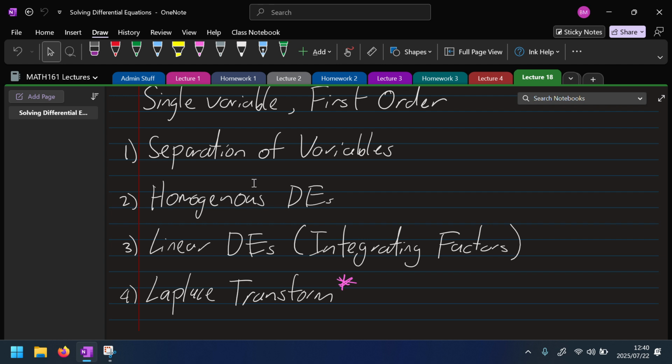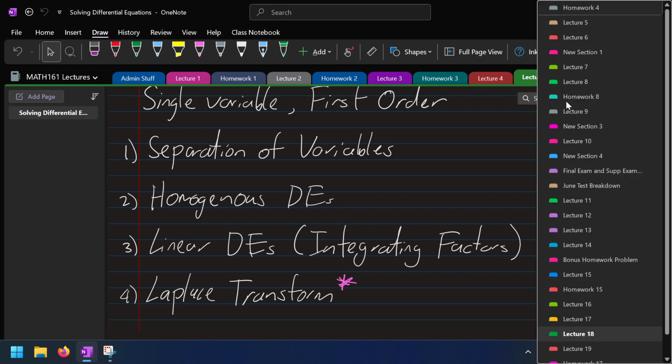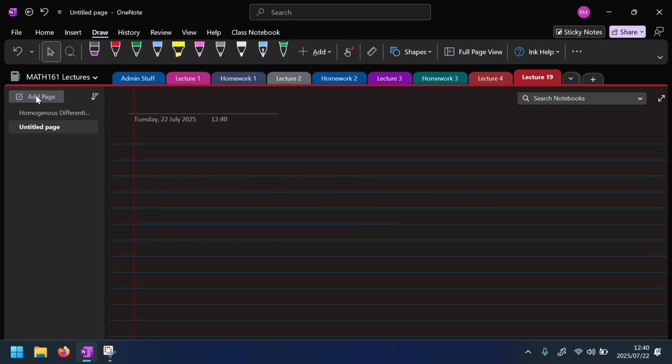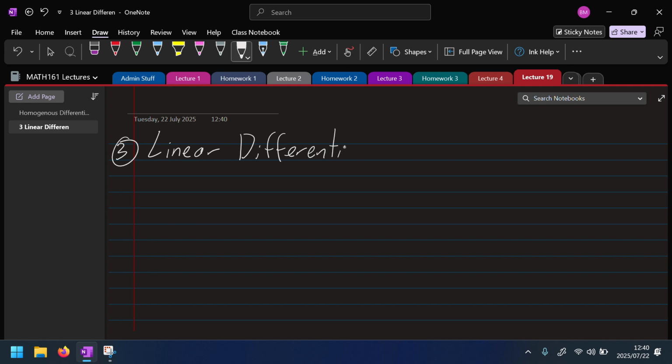All good. Okay, let's have a look at number 3, linear differential equations. The first two cases, we saw those examples were non-linear.